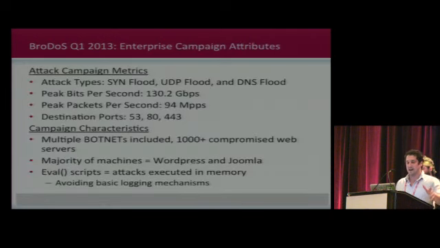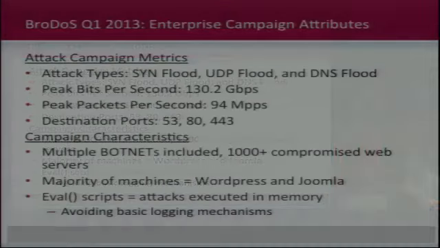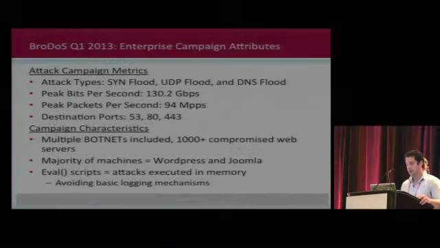And this attack campaign right here had 3 different attack vectors: SYN flood, UDP flood, DNS flood. It accounted for over 130 gigabits per second, over 94 million packets per second. Some destination ports related to the attack types are utilized within this particular campaign. Some of the campaign characteristics, which we were able to validate within the botnets, included over 1,000 compromised web servers.